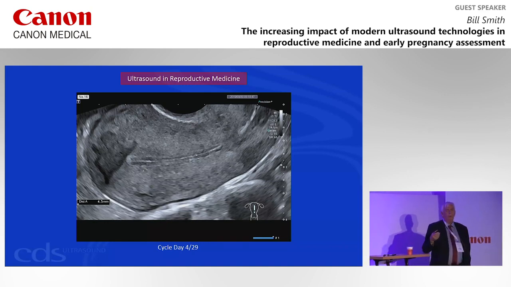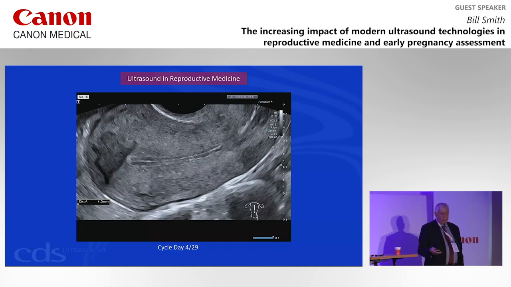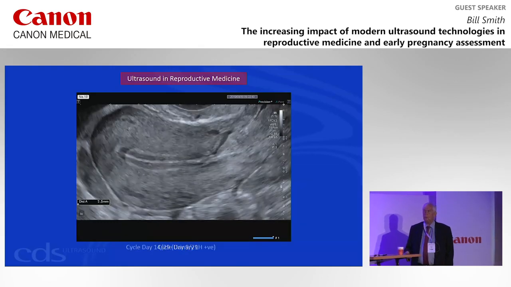If you have a decent system with decent grayscale, this should not be anechoic. We should see the basic glandular tissue before periovulatory proliferation occurs. As we move through the cycle, the endometrium not only gets thicker, but we can see there are changes within the stroma.